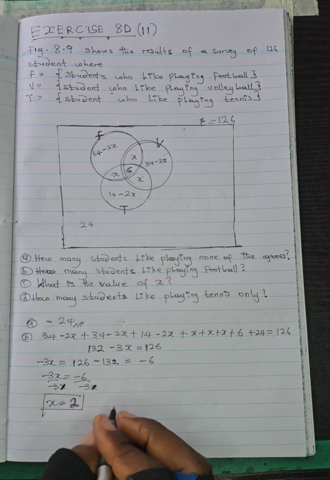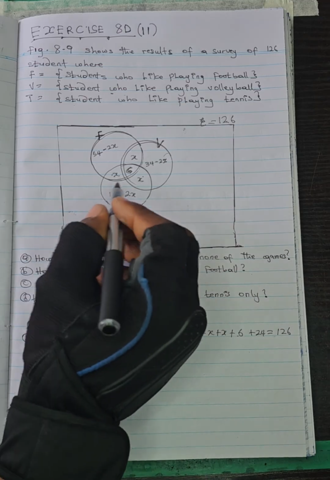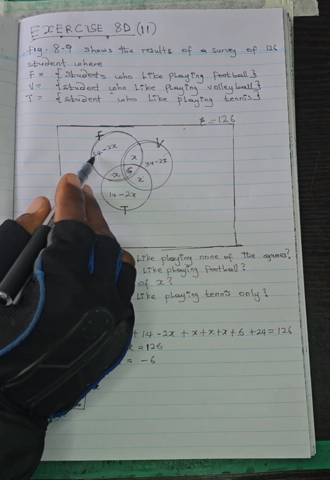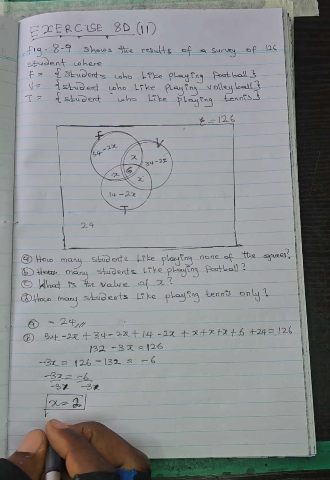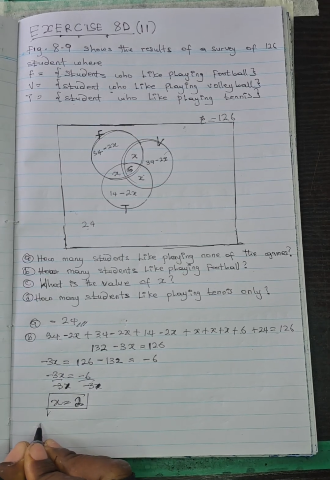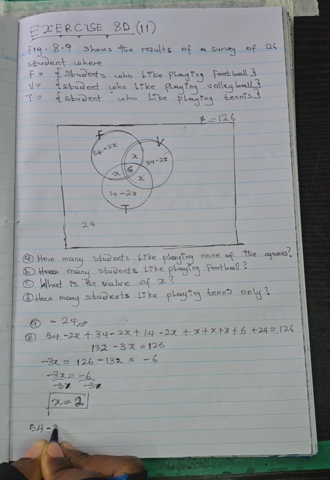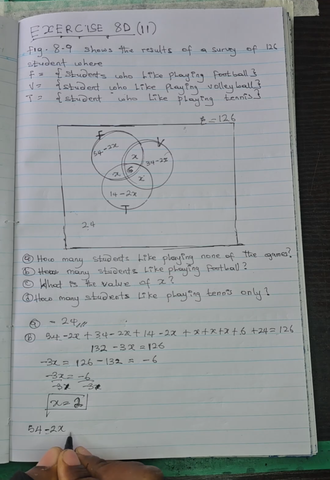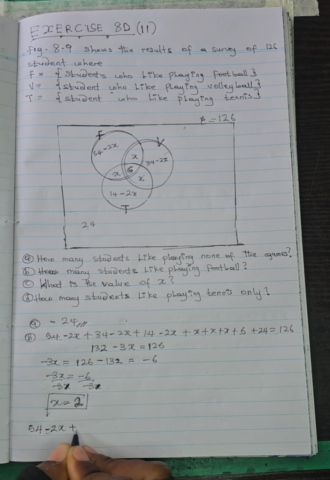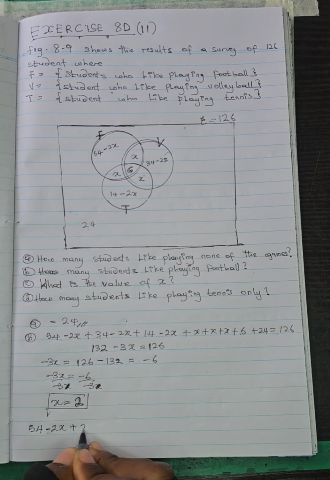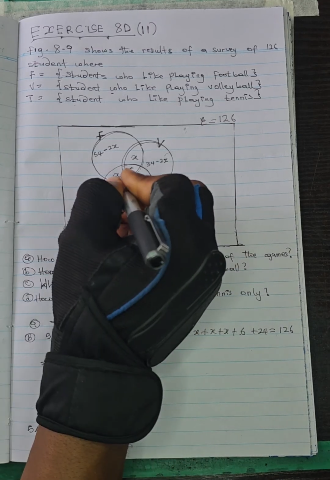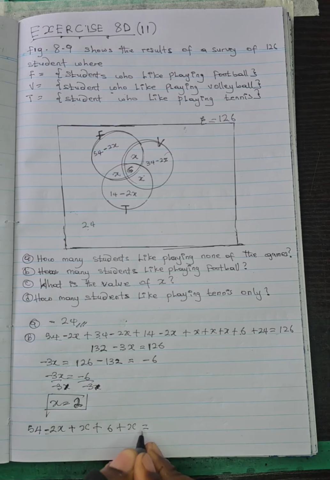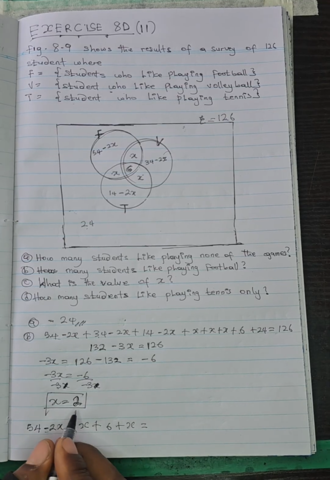How many students like playing football? Going to the B part, those that like playing football are made up of this and this. So we'll go by saying 54 minus 2x, plus this, plus x, plus this one, 6, plus this x again. That's what we are looking for. And we already know that x is 2.